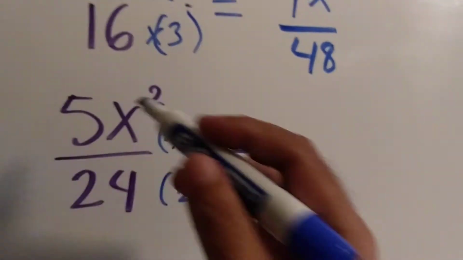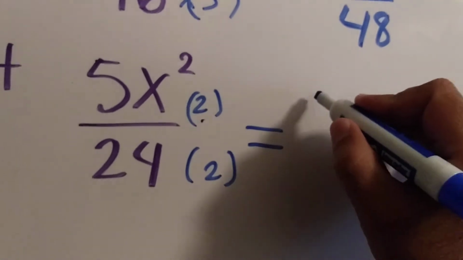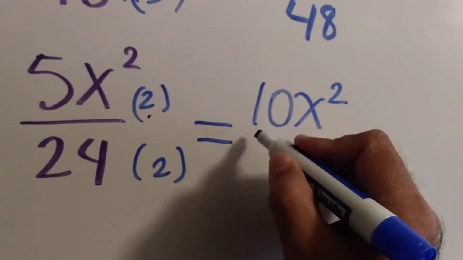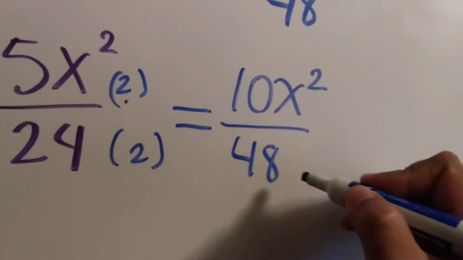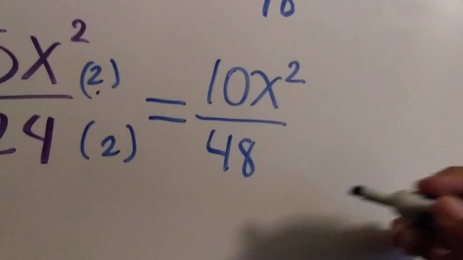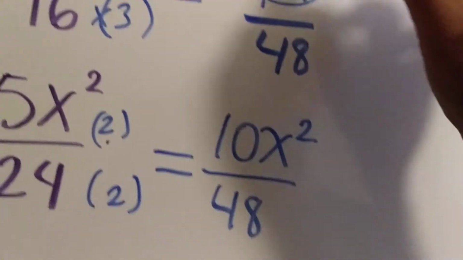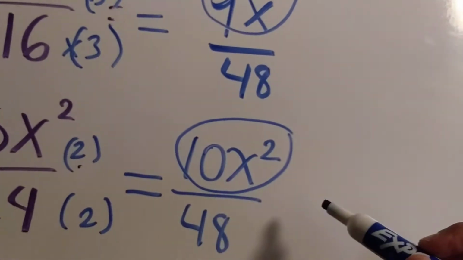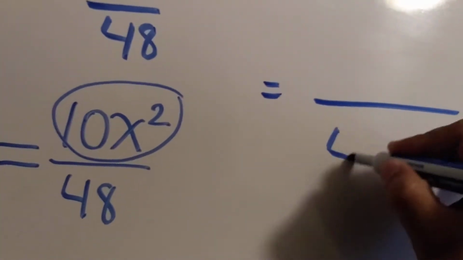In the second fraction, we have 2 times 5x to the second, which gives us 10x squared, and on the denominator, it'll give us 48. So now how do we add this? We just combine this term with this term, and we know that our common denominator will be 48.